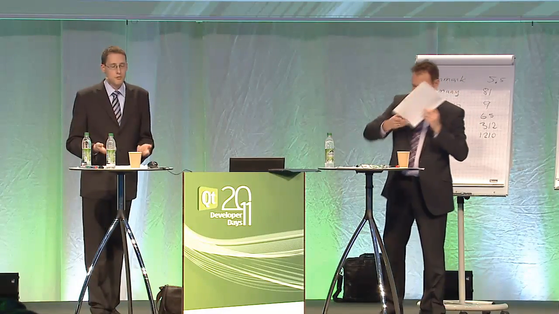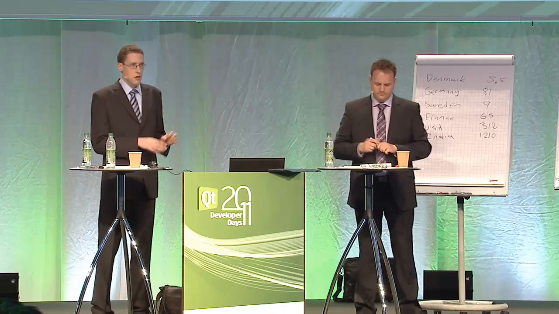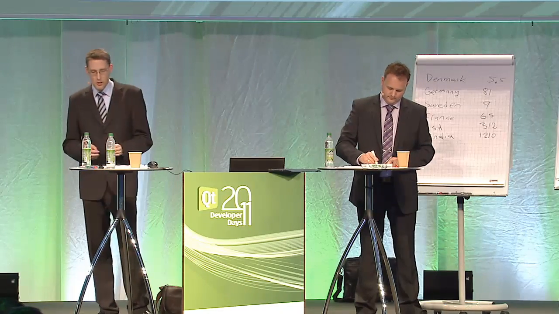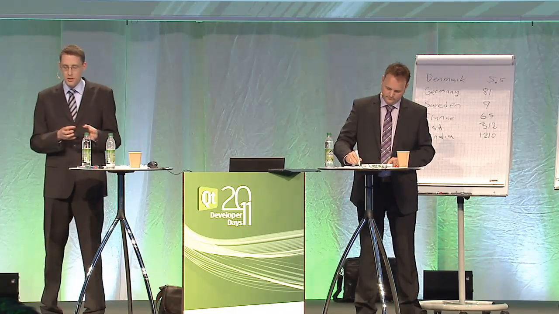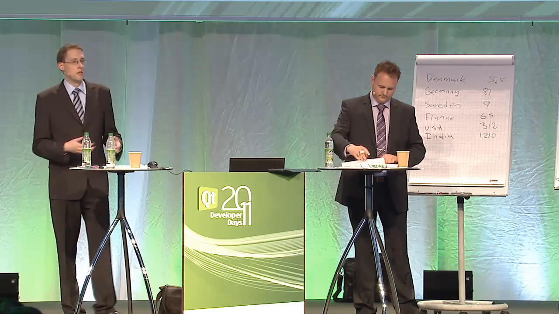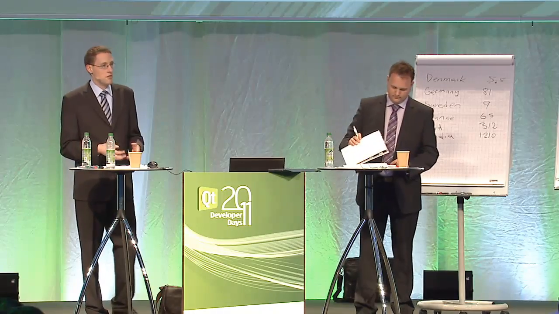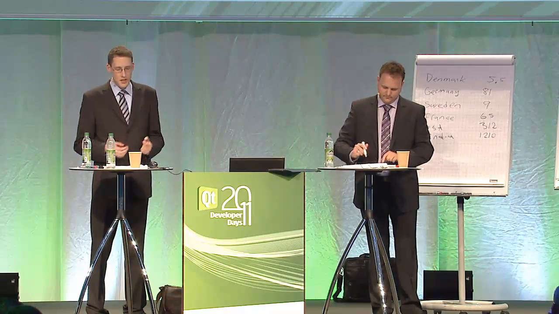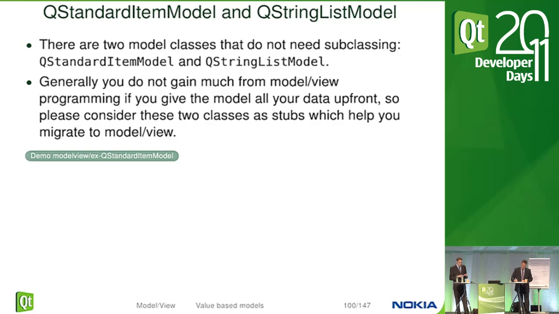I can do that in a proxy model without needing to bother with all that in my source model. And everything I have in a proxy model is reusable. I can put that on any other source model that provides data that is, well, numbers in this example. So it gives me nice modular components I can put on top of my model without making the original model even more complex than it needs to be.